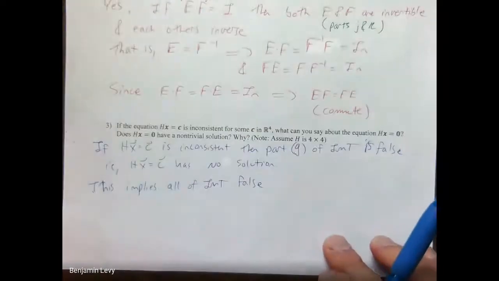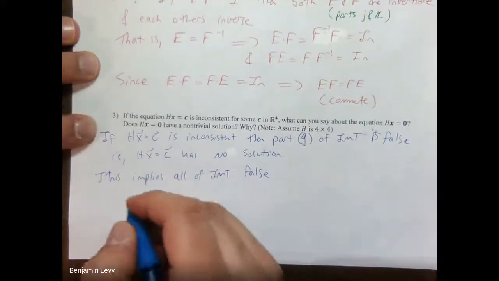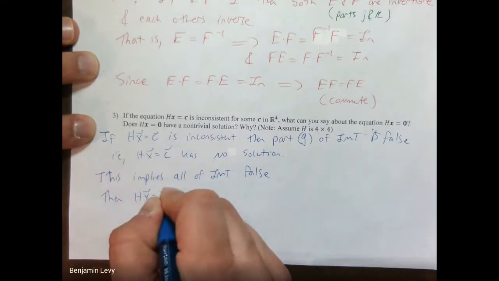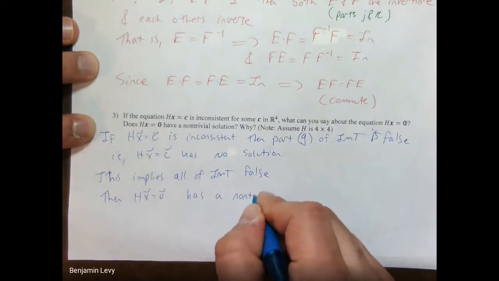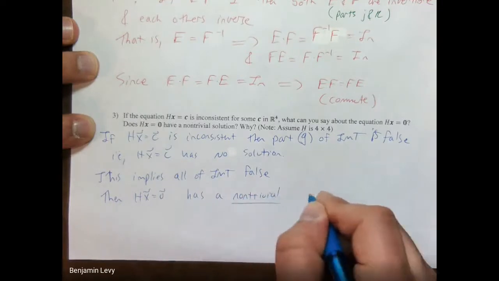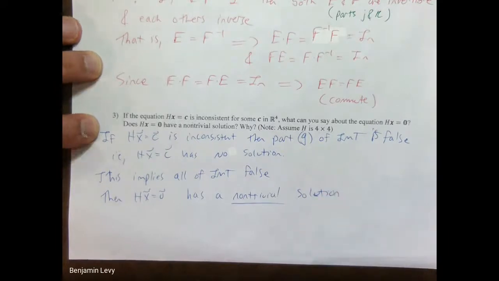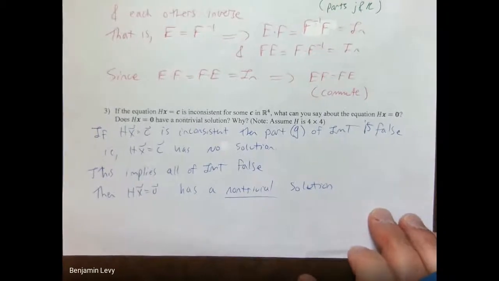Let's write that down. If they're all false, that means Hx equals 0 has a non-trivial solution, so it has a non-zero solution. If it has a non-zero solution, that means there must be a free variable.